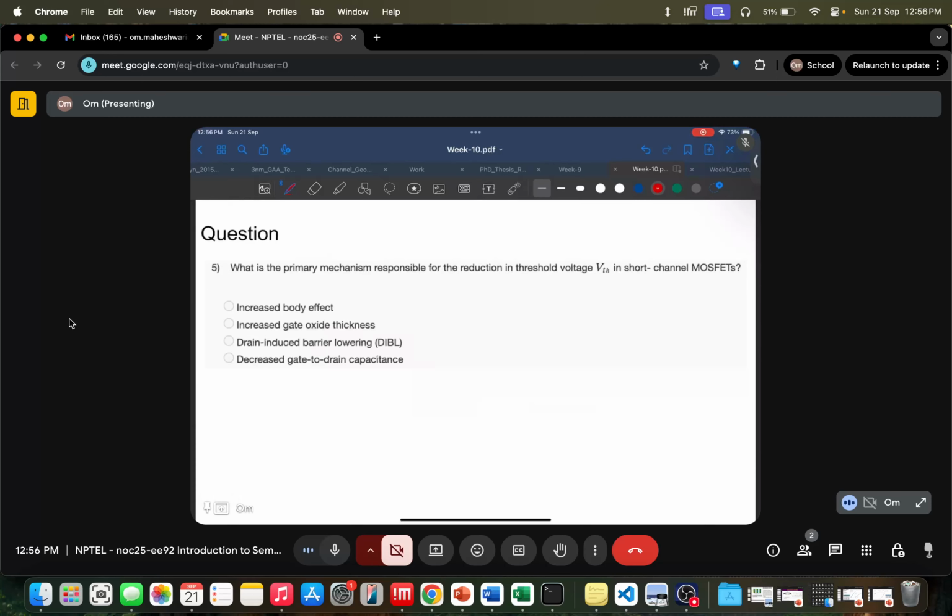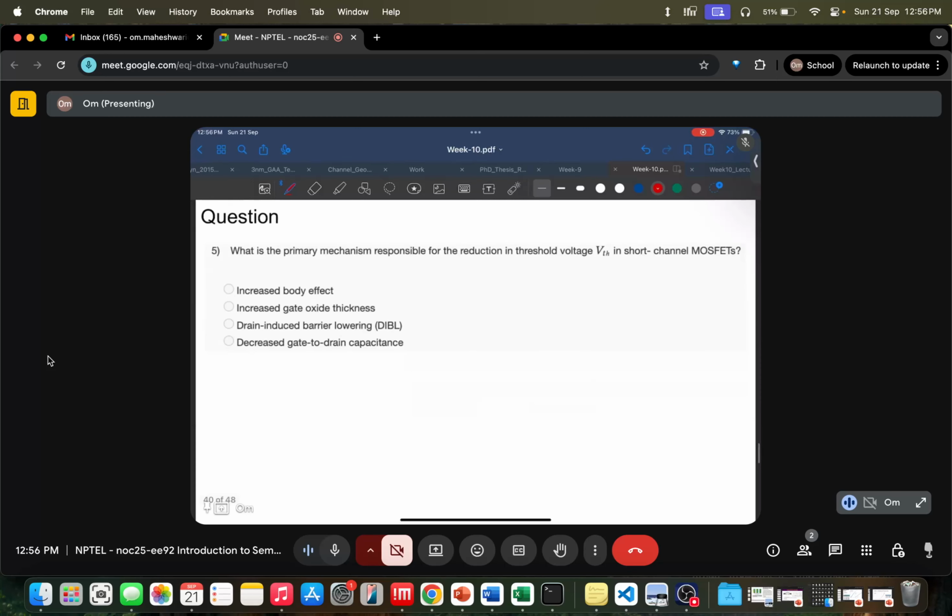Next question: what is the primary mechanism responsible for the reduction in threshold voltage in short channel MOSFETs? This is drain induced barrier lowering.